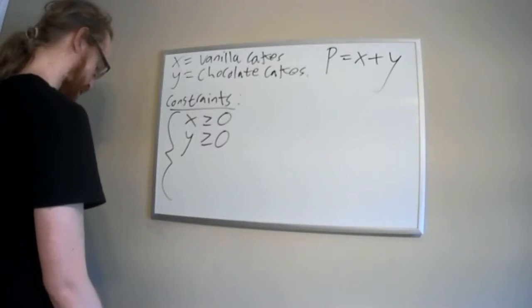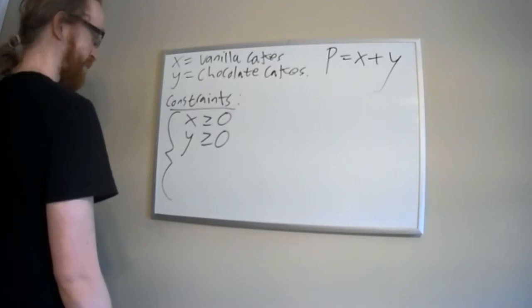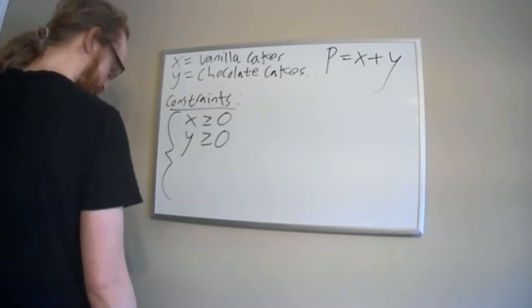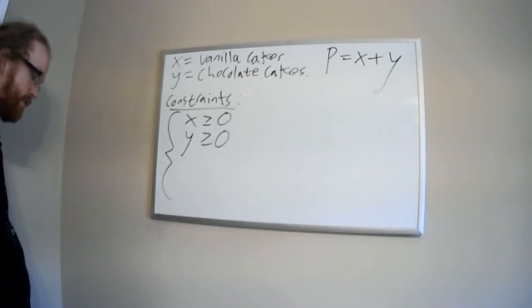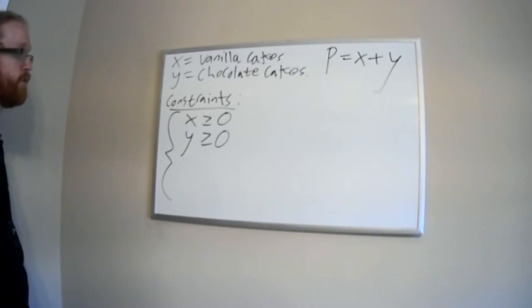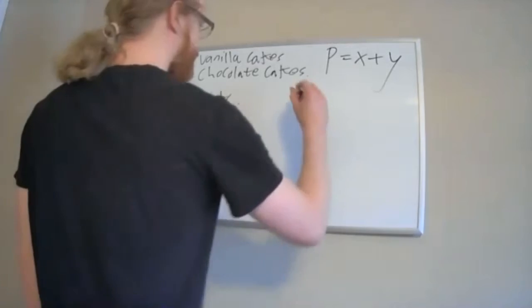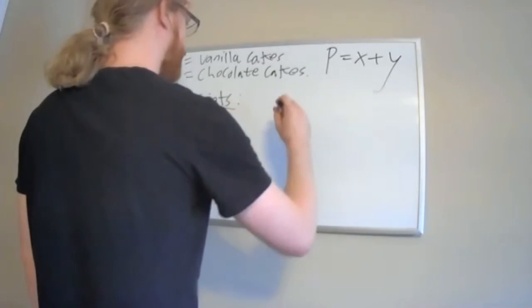So they told us that we have 5 kilograms of flour, and each vanilla cake takes 200 grams of flour, and each chocolate cake takes 100 grams of flour. So we need to be a little careful and note the units that we're using here, right?